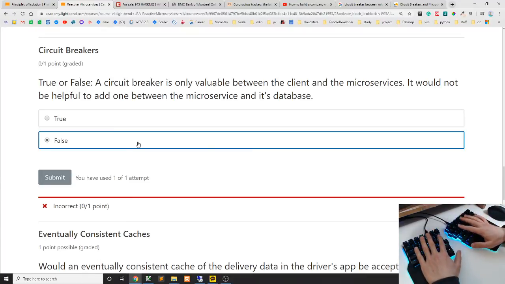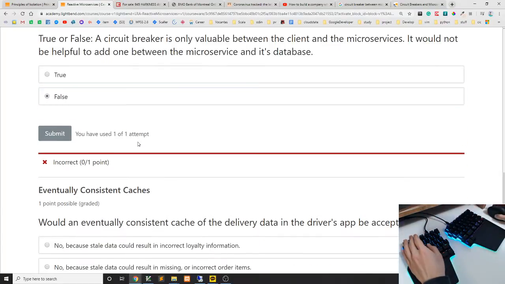So yes, it is still important. The microservices and the database also need to have the circuit breaker. It should have the circuit breaker.